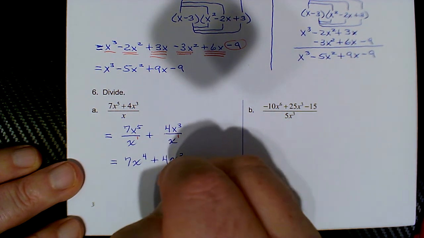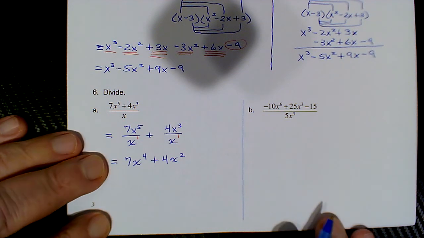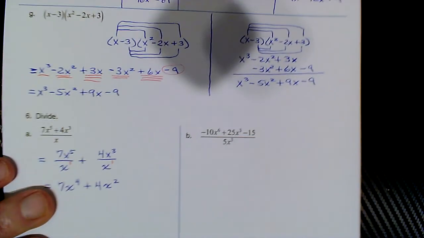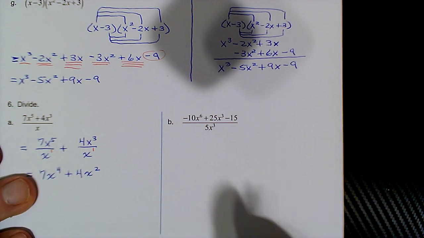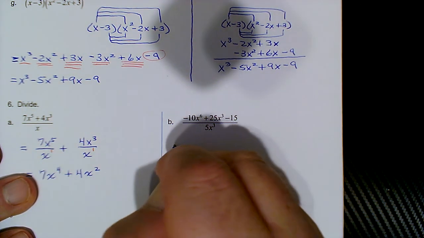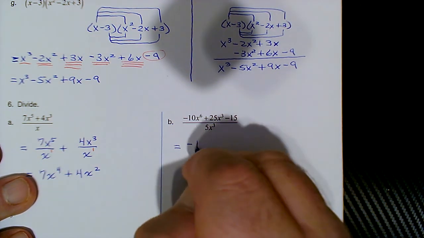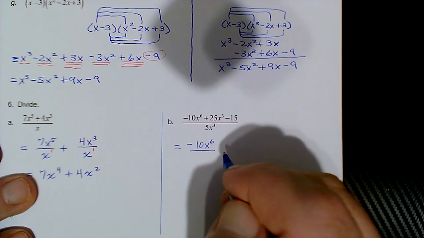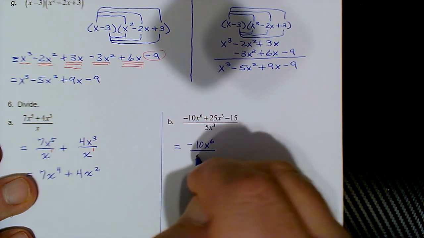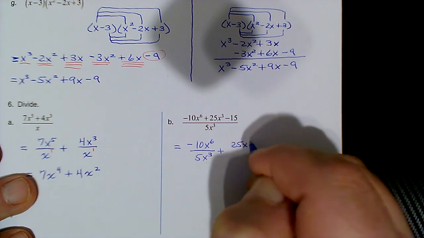So then the final question, pretty much the same concept, but something slightly different, as we'll see. But everything, once again, gets divided by this denominator. And you should take a step to show this. So negative 10x to the 6th gets divided by the 5x cubed. The plus 25x cubed gets divided by the 5x cubed.